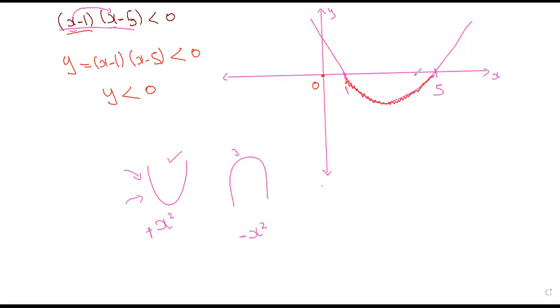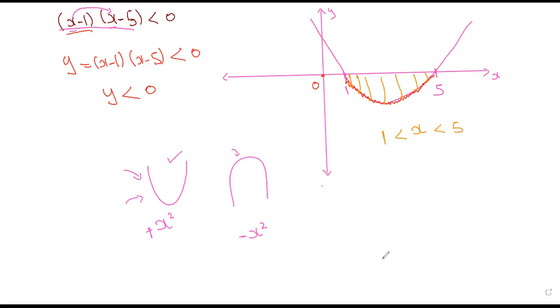These points are the ones we are following, and we are interested in the x coordinates of these points. So what would be the x coordinate of this yellow point? 1.1. What would be this one? It would be 1.5. This one, 2. Something of this type. So all these points are between 1 and 5. So your answer would be x greater than 1, less than 5.